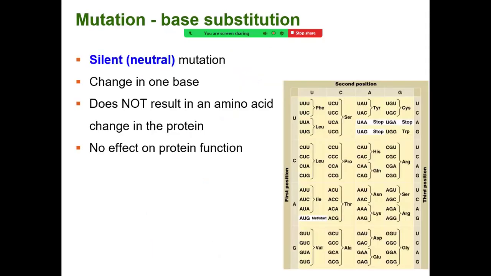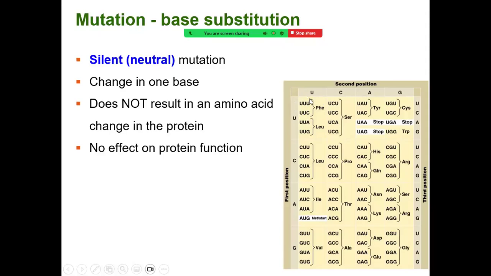Now, with base substitutions, we can have 3 types of them. There's a silent mutation, where you change the DNA nucleotide base, but it does not result in an amino acid change in the protein. What happens is the nucleotide changes to another codon, which codes for the same amino acid, such as UUU changing to UUC.